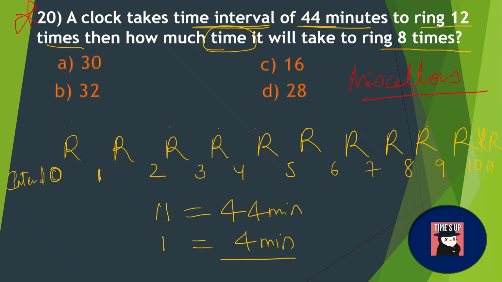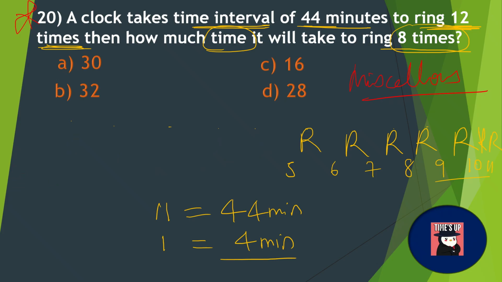Correct? But they have asked how much time it will take to ring 8 times. See, for 12 times we got 11 intervals. Correct? Similarly, for 8 times, how many intervals will we get? That we need to find out.